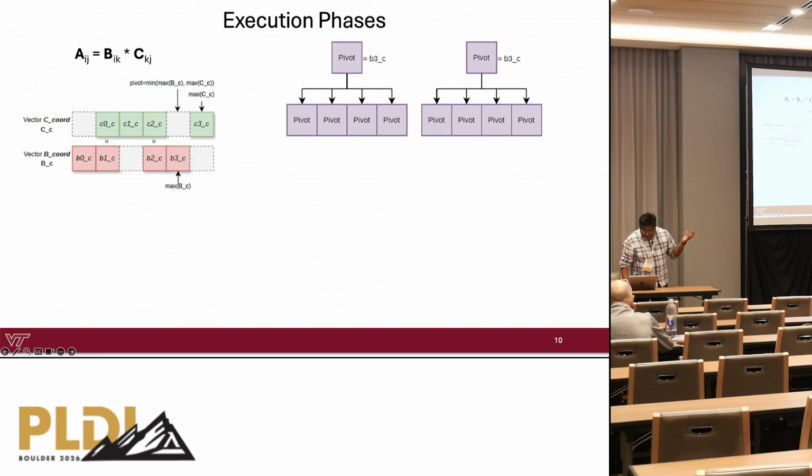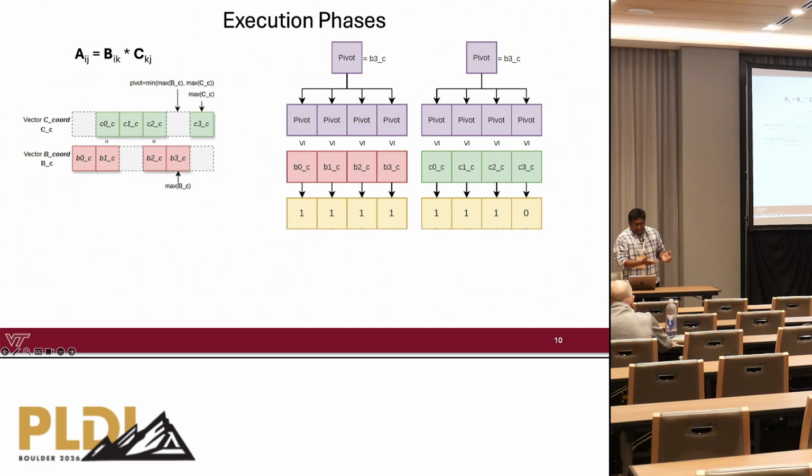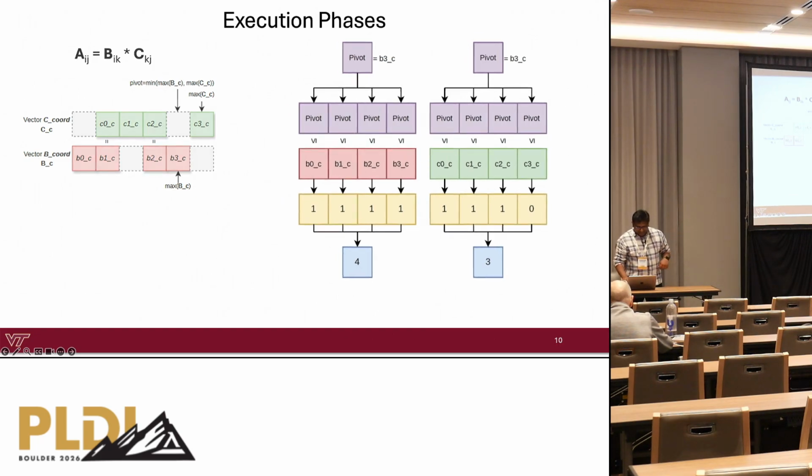Again, I have my pivot for the maximum element of B. Then I'm going to compare against all the column indices and row indices of C. Again, I'm going to get a mask, and I'm going to perform a reduction. This will tell me by what offset I should increase the pointers for each of these running pointers, or your two fingers.